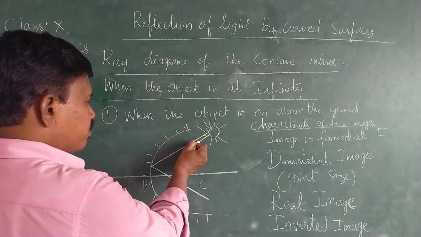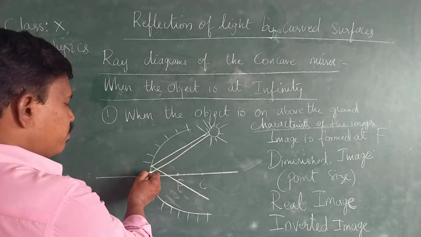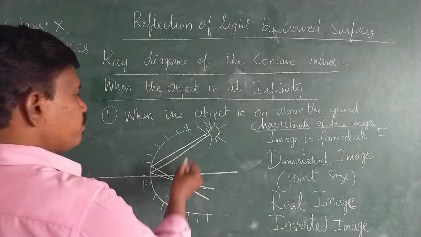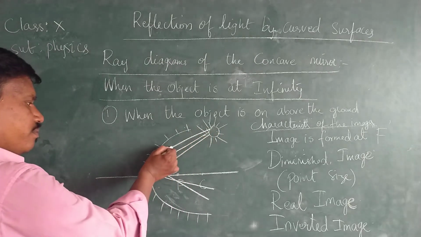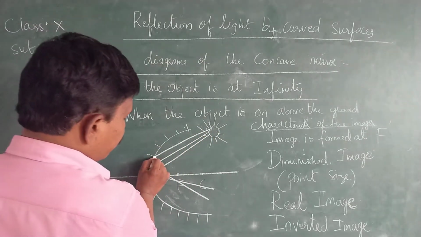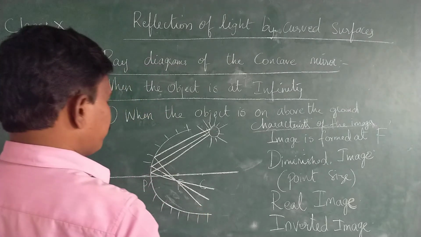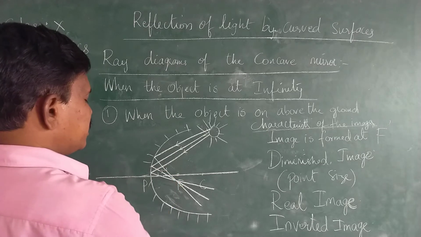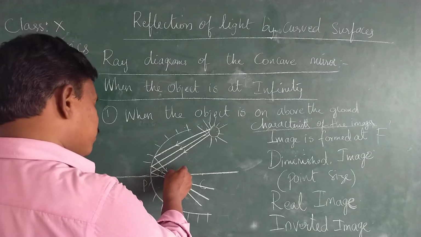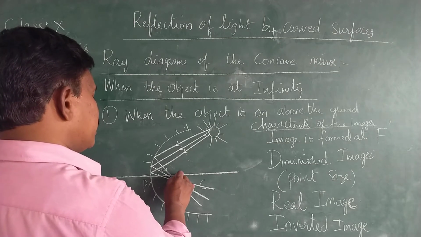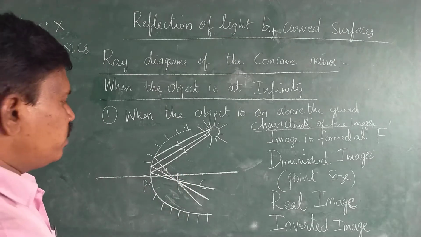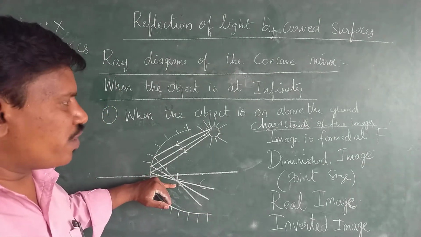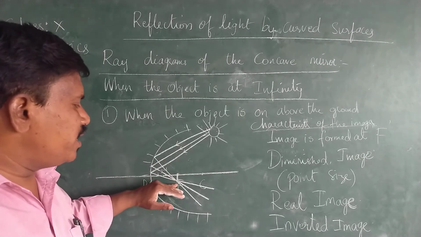Okay, these are the light rays. What is happening here? Exactly, it is forming at the focal point only. The point of intersection of all the light rays will be exactly at the focal point. All the light rays will be meeting at the focal point.